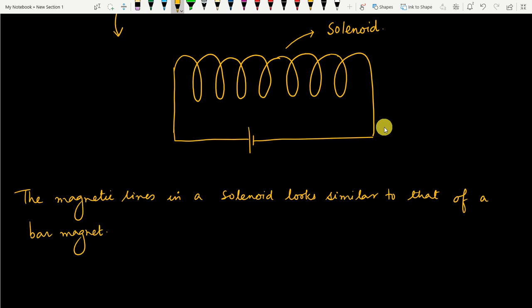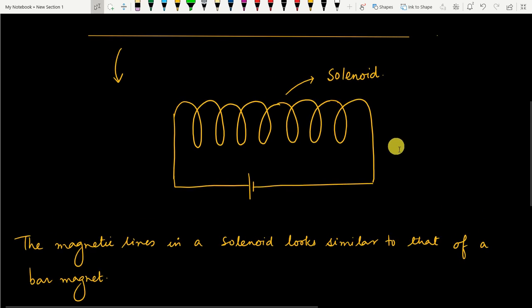You have already seen how the magnetic lines look like in a bar magnet. So exactly the same way, here also the magnetic lines look similar to that of a bar magnet.